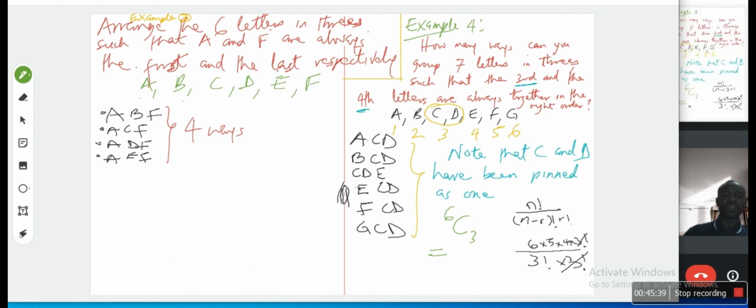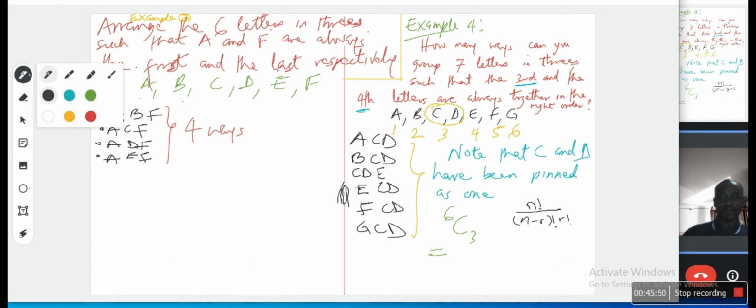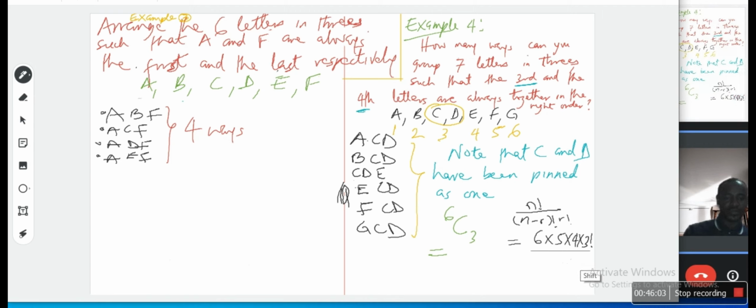Please use a different color. You're mutilating the work. I just want it to be neater. So this is equal to 6 times 5 times 4 times 3 factorial, all over 3 factorial times 3 factorial.